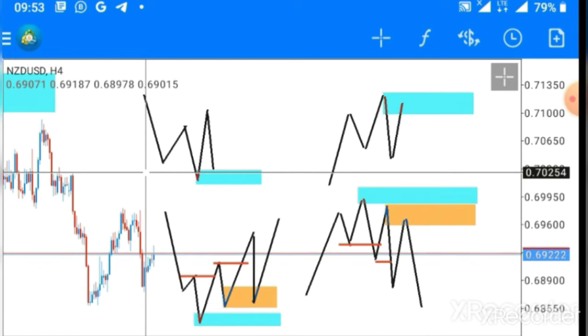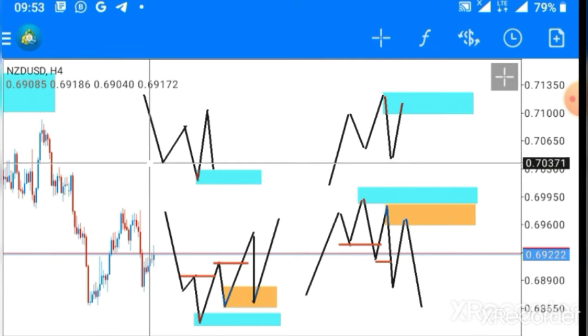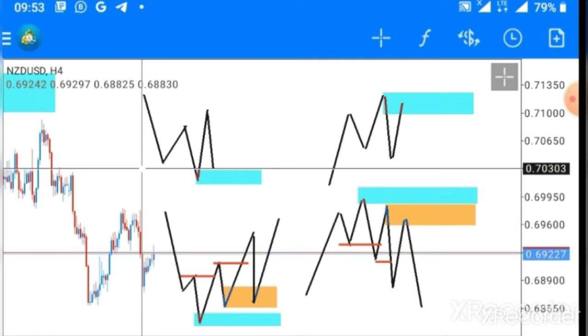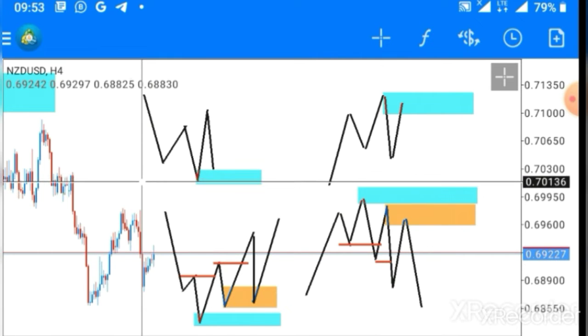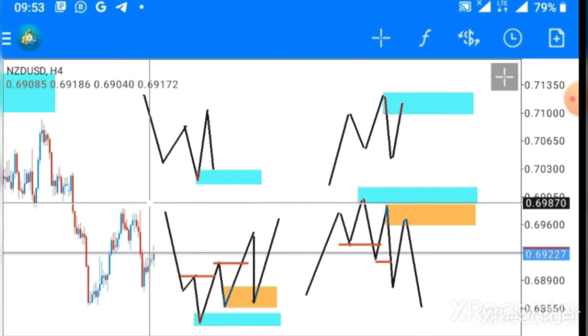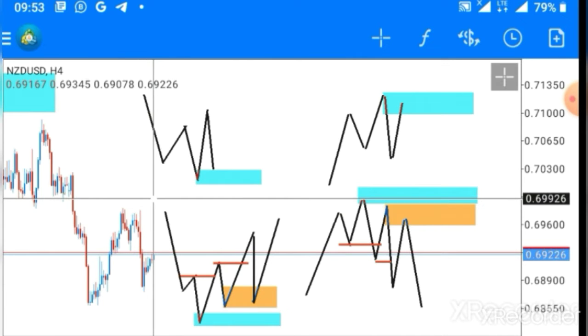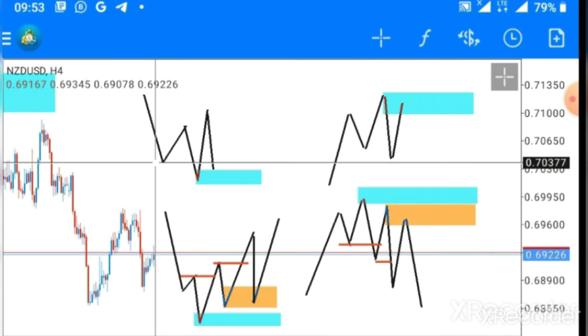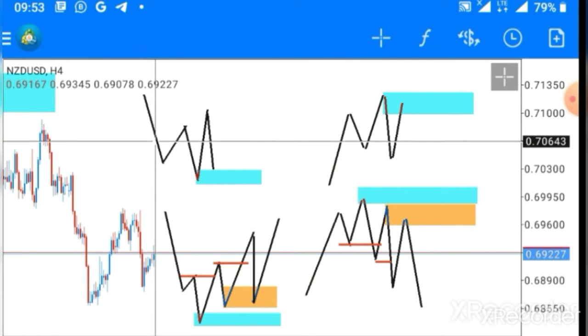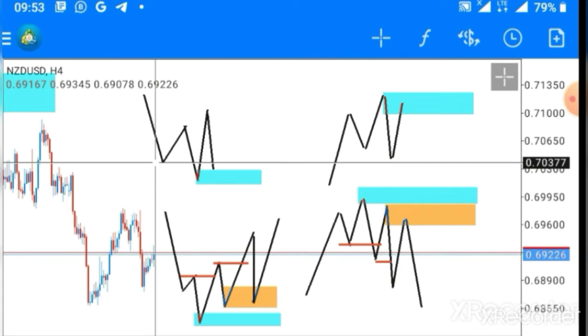Why? Simply because price can just come down and break the structure low here and continue going down, printing lower lows and lower highs. So the first break of structure does not in any way confirm a trend change. I want you to know that.